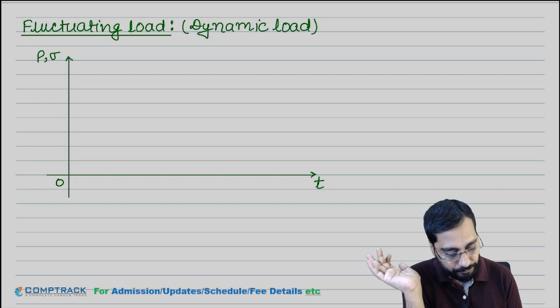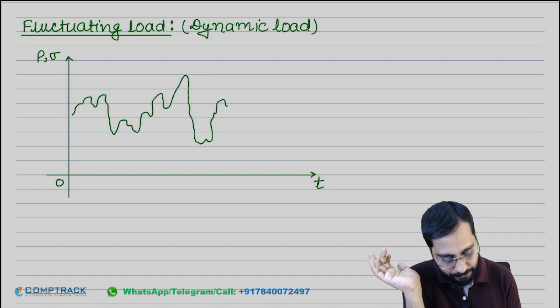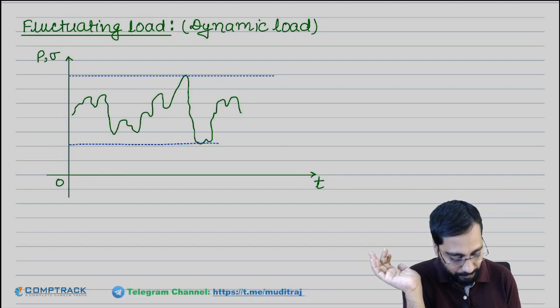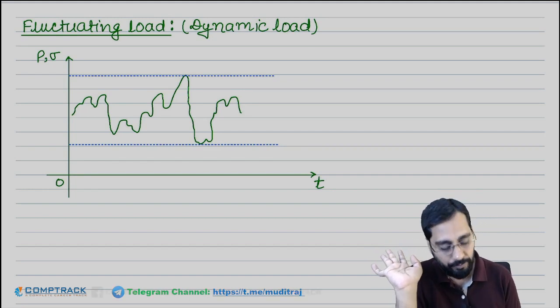Let us assume load is varying like this. So if load is varying like this, you can find the maximum value of load. Also you can find the minimum value of load.